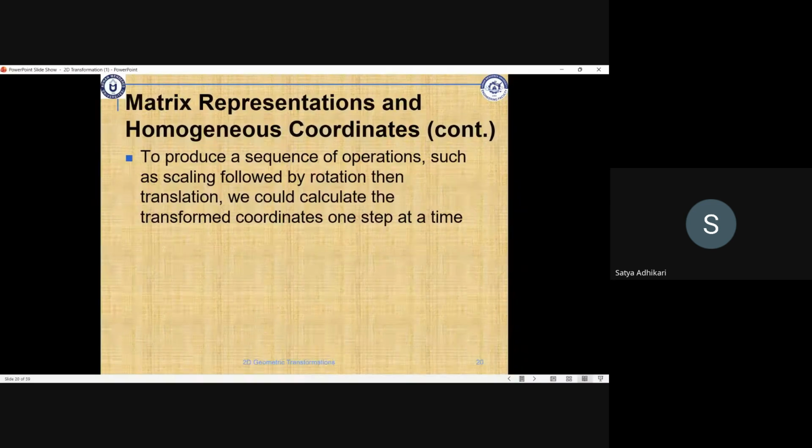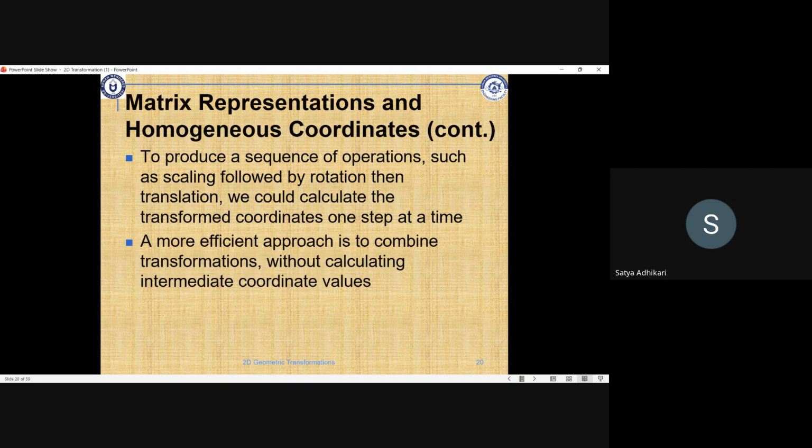So to produce a sequence of operations, a composite transformation, such as scaling followed by rotation, then translation, we could calculate the transformed coordinates one step at a time. So if you produce a sequence of transformations, one followed by another, we calculate the transformed coordinates one step at a time.